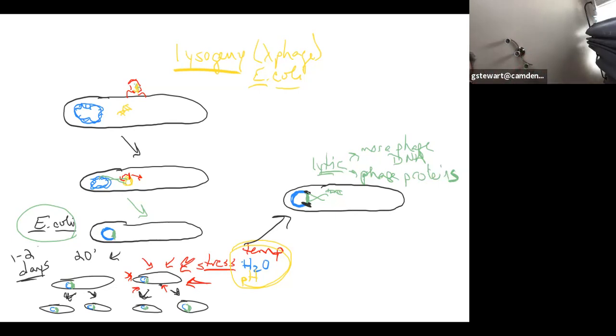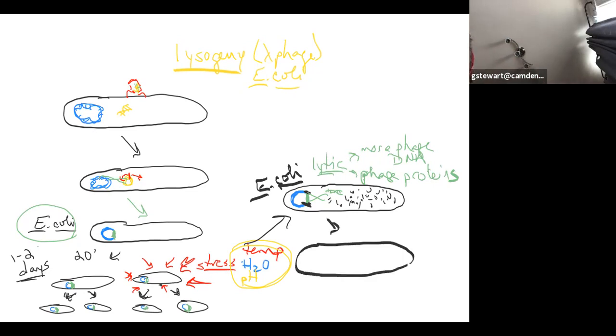And again, remember, it's going to be using the host ribosomes for that. This is an E. coli, so there's no endoplasmic reticulum, right? There's no Golgi, but it is going to use all the amino acids that are here, and these are supposed to be ribosomes that are in the E. coli cell to produce lots and lots of phage, the phage robot army, right?